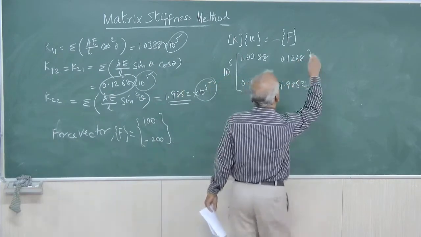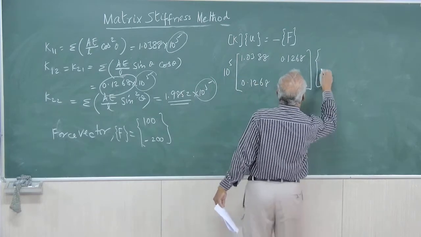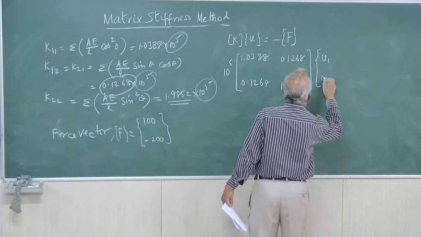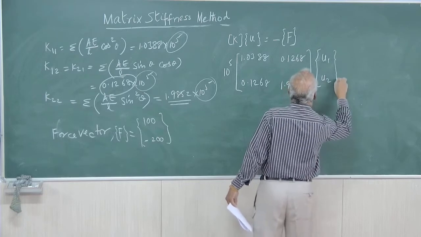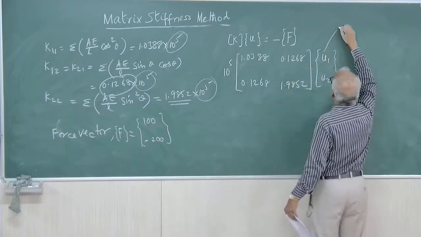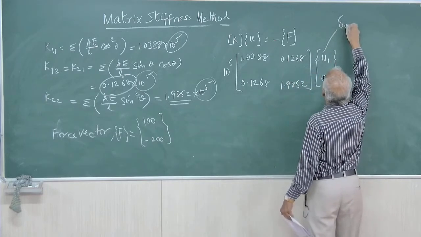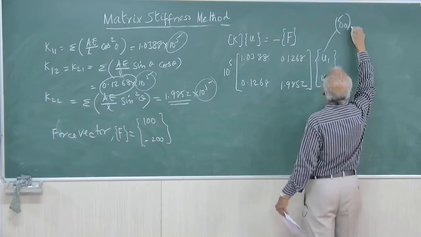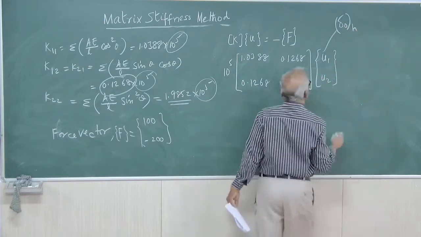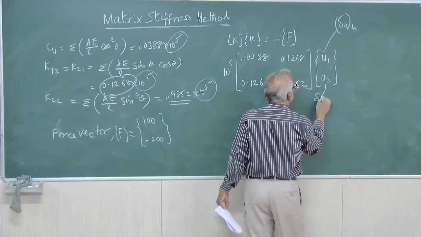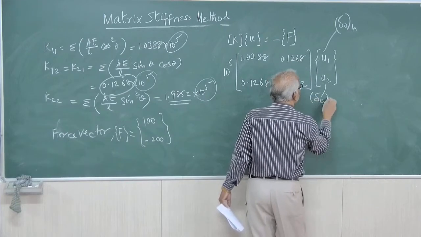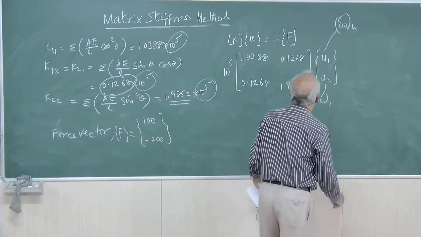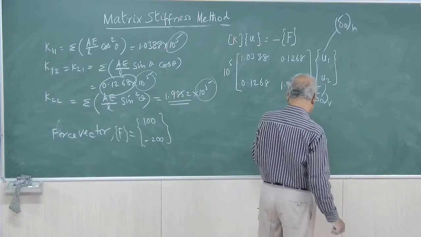Into U1, U2. U1 is our delta at the point O in the horizontal direction. This is U2, delta at the point O in the vertical direction. That's what we have already fixed.